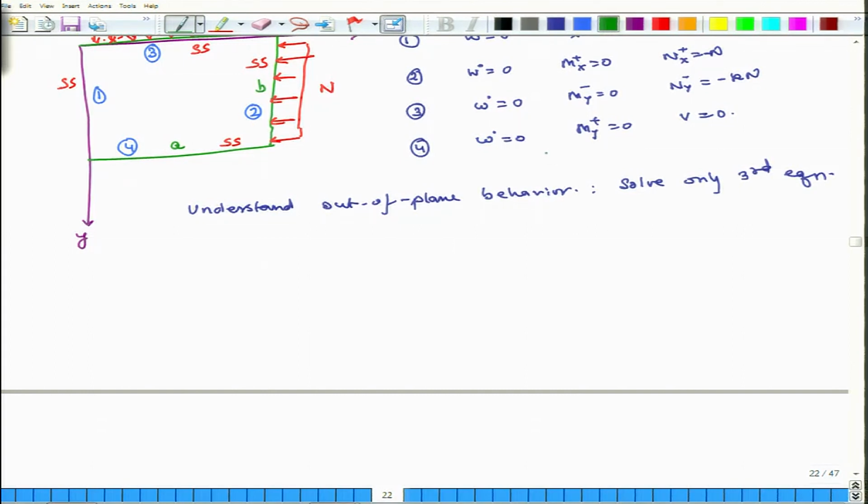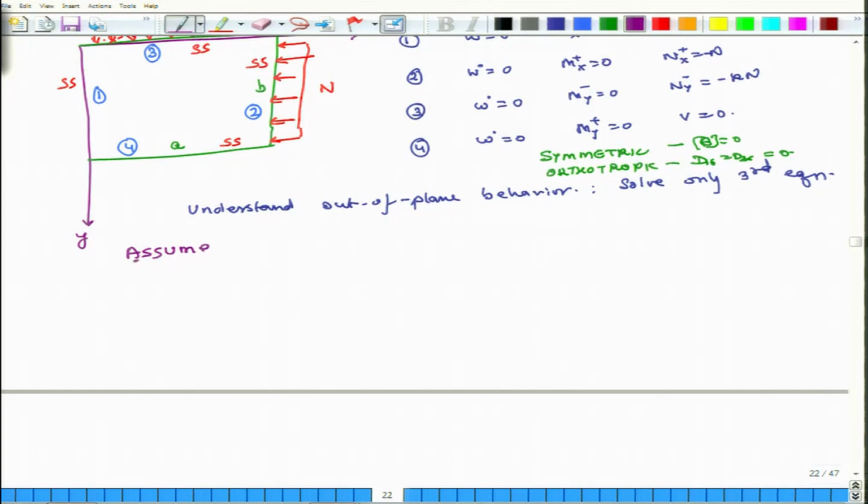Because we again assume that the plate is symmetric and it is also orthotropic. Because of symmetry, the B matrix is equal to 0, and because of orthotropy, D16 and D26 are 0. Okay. So we assume a solution.